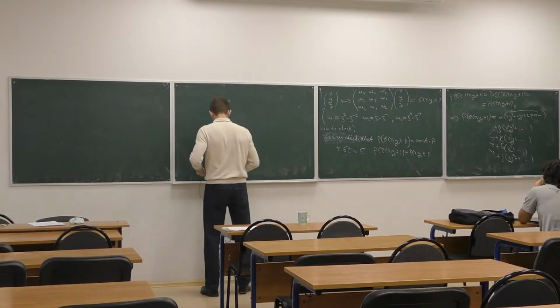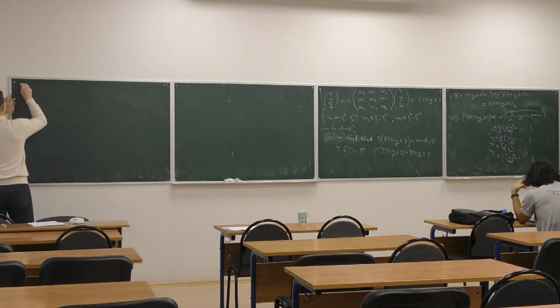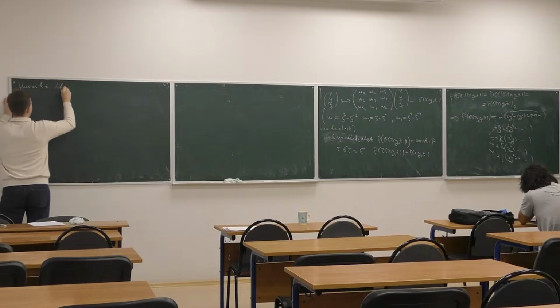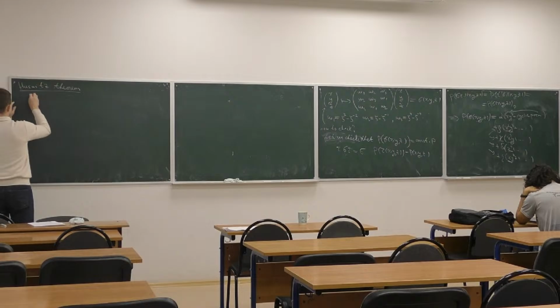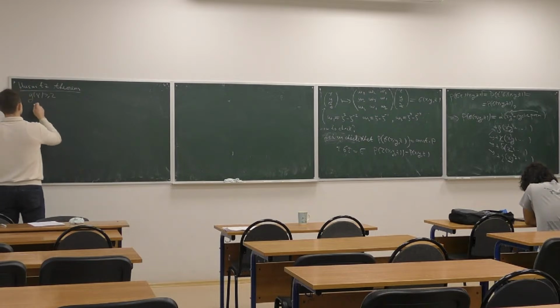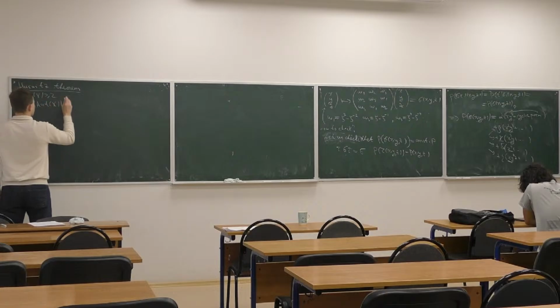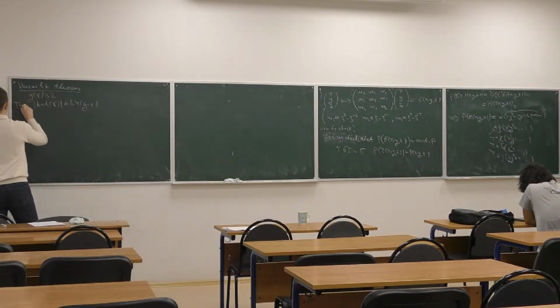Then we have to finish the proof of Hurwitz's theorem. So we have this, and we have to check that the number of automorphisms is less or equal than the bound.